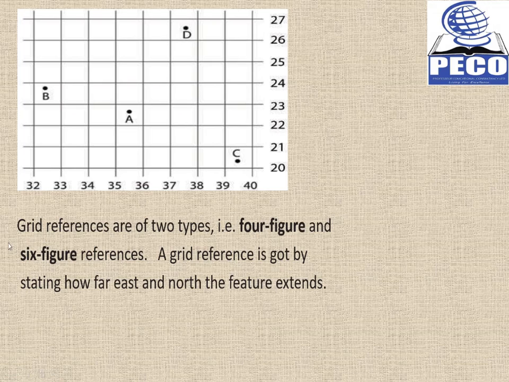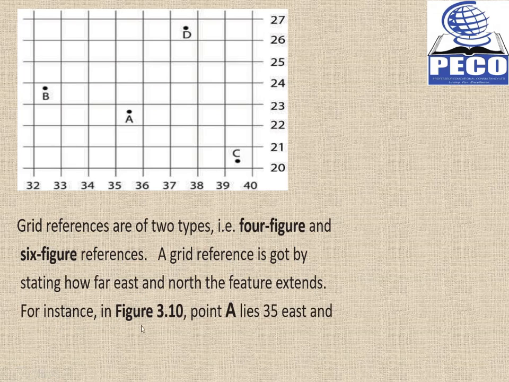Therefore, we shall have 6 figures: the 2 eastings and what we shall count to get to C, and the 2 northings, and the third we shall count towards 21. So when we add the 3 eastings and the 3 northings, we come up with a 6-figure grid reference.